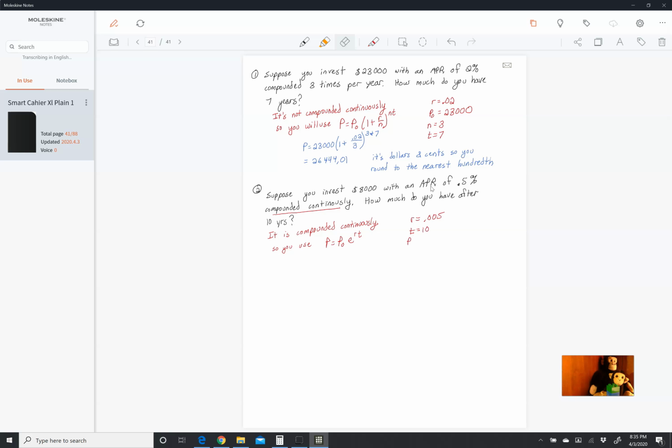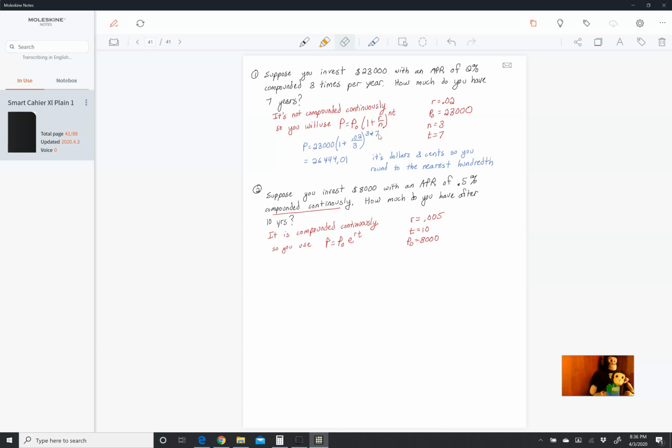And your P0 is 8,000. So now we just plug in. It's a plug and chug. You just have to figure out which formula to use. Compounded continuously says you use the formula with E. Compounded any other amount, so here it's not compounded continuously. Any other case, you're using this formula, okay?